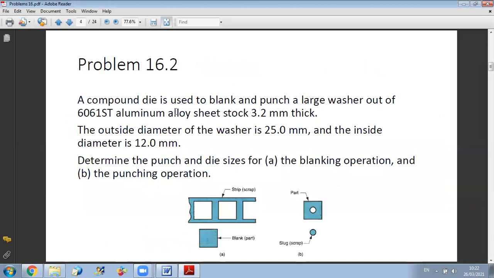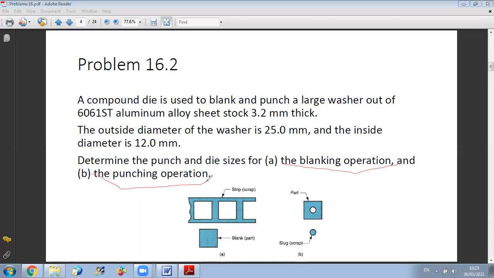A compound die is used to blank and punch a large washer out of 6061 ST aluminum alloy sheet stock of 3.2 millimeters thick. The outside diameter of the washer is 25 millimeters and the inside diameter is 12 millimeters. Determine the punch and die sizes for the blanking operation and the punching operation.